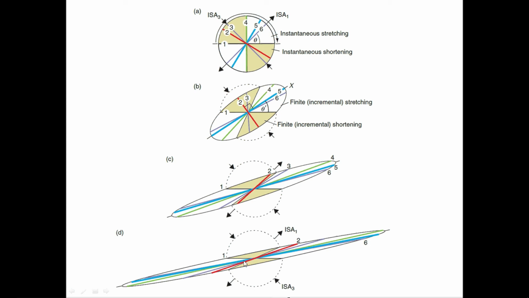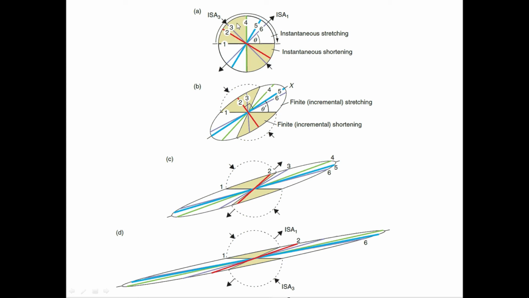This white regime is showing the extension, or stretching regime, while this creamy layer is showing the shortening regime, where the material lines are going to be shortened.